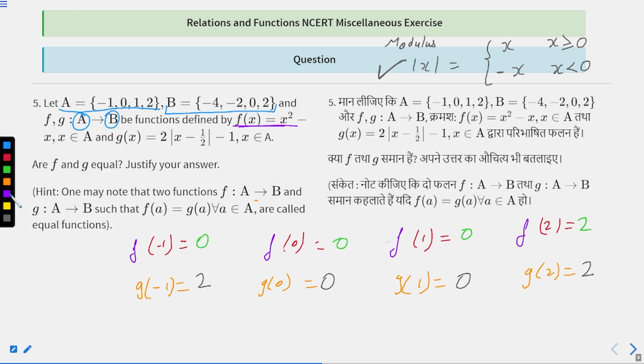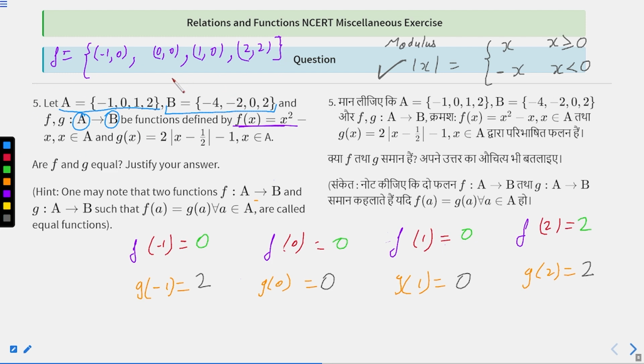As you can see, if you try to make pairs, your F relation will be like this. So -1 is related to 0, okay, and 0 is also related to 0, 1 is also related to 0, and 2 is related to 2, not 0, it is 2.